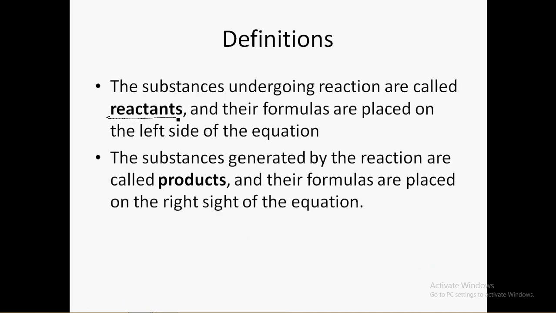What are the reactants and what are the products now? As we told before, the substances undergoing reaction, the initial substances, the raw materials, are called the reactants. They are the initial reagents of the reaction.